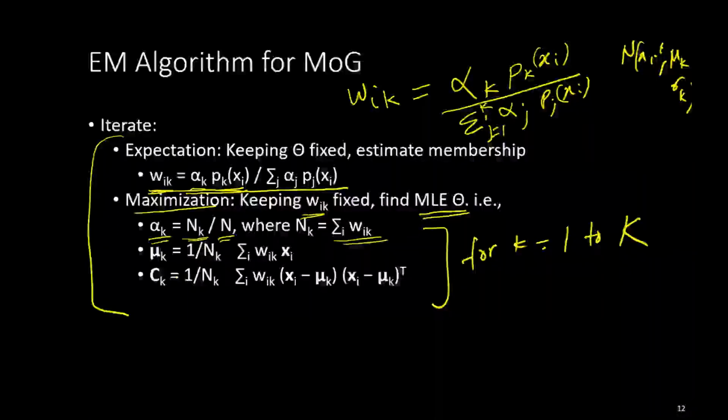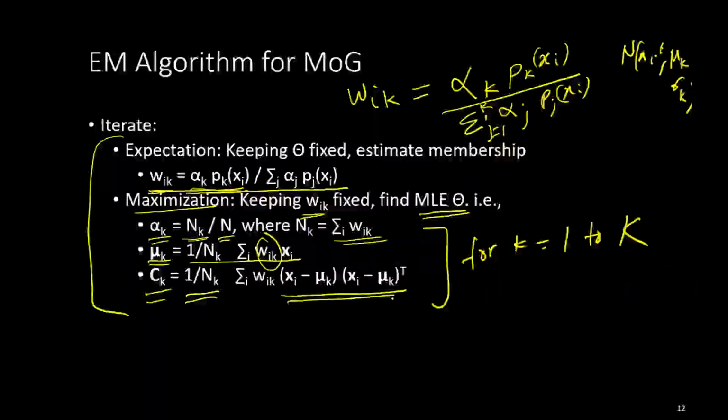Then the mu that maximizes the likelihood is the weighted average of all the points, weighted by the membership to that particular Gaussian. And then the ck for each Gaussian is going to be the average over all these points of the covariance.